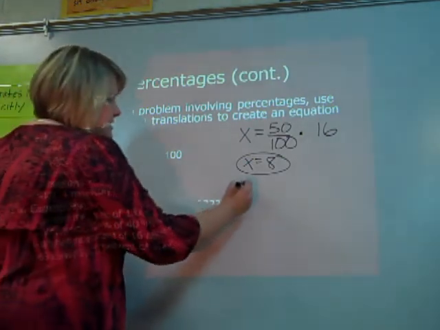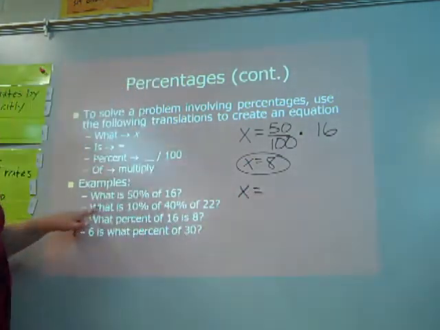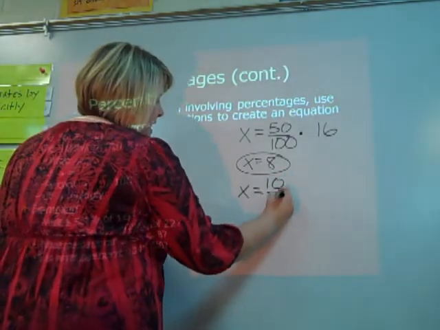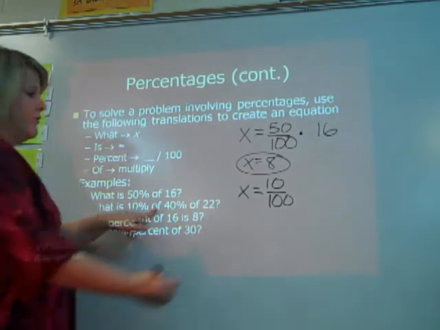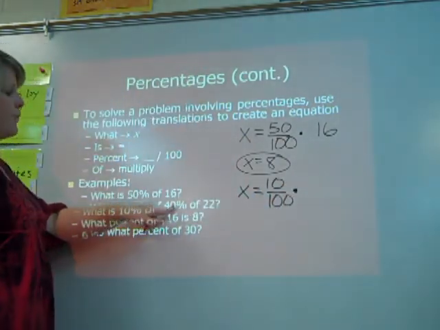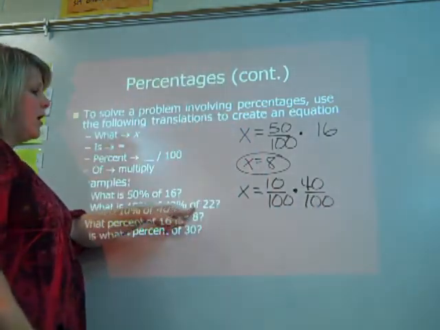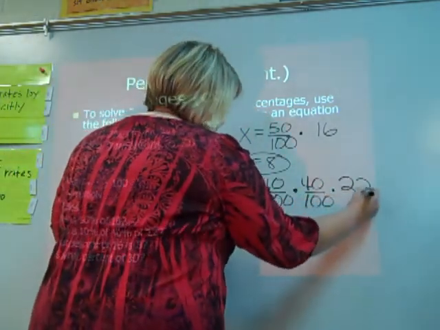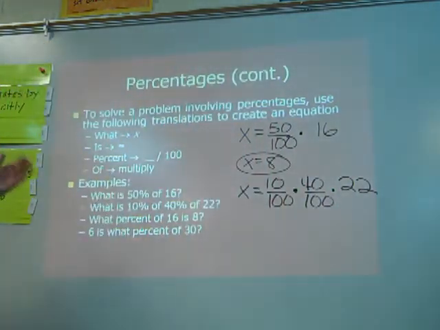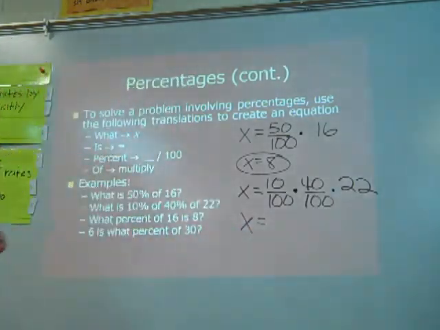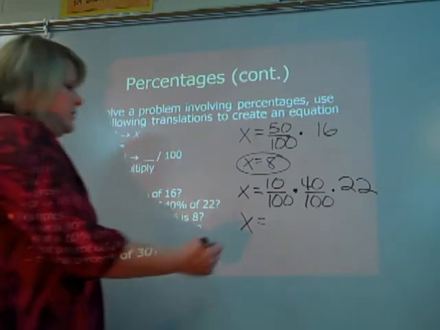So this is: what is, so x equals, 10%, 10 out of 100, of, multiply, 40%, 40 out of 100, of, multiply, 22. So I would just type in my calculator 10 divided by 100 times 40 divided by 100 times 22. What do you get? 0.88.